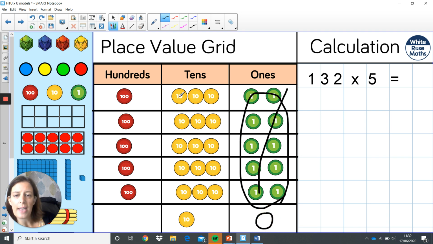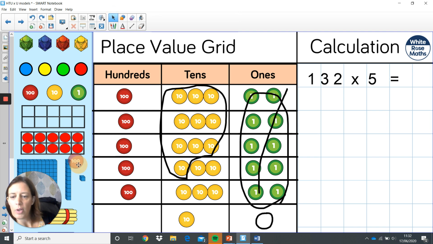Let's count up my tens. 3, 6, 9, 12, 15, 16 tens. Can't have all 16 tens in there, so I'm going to have to exchange 10 of them for 100. 10 tens is 100. So I'll exchange those 10 for 100.